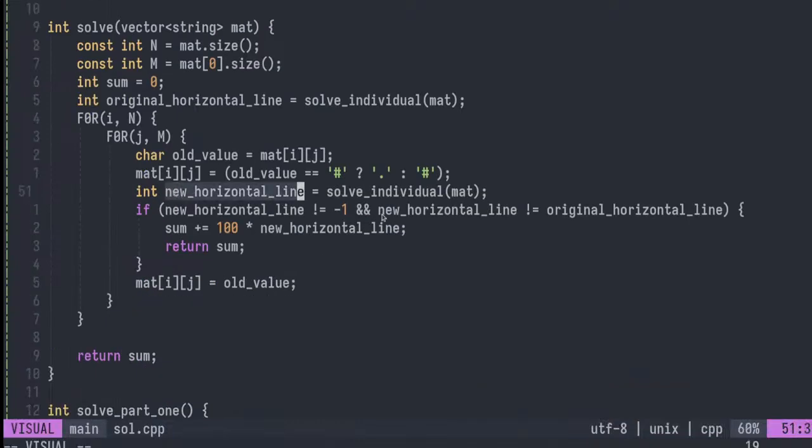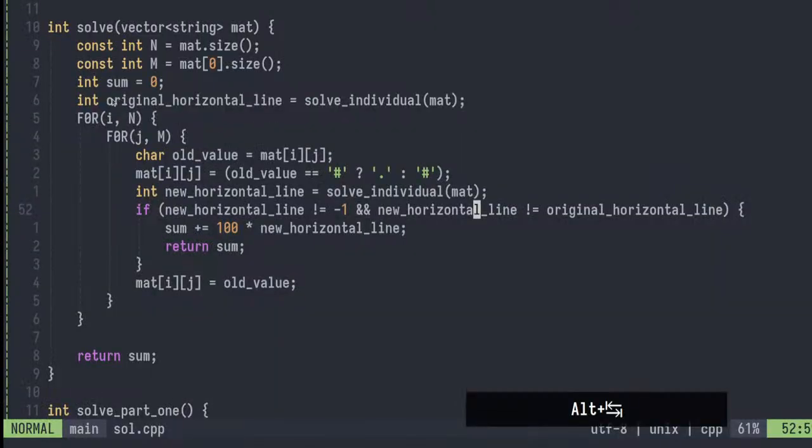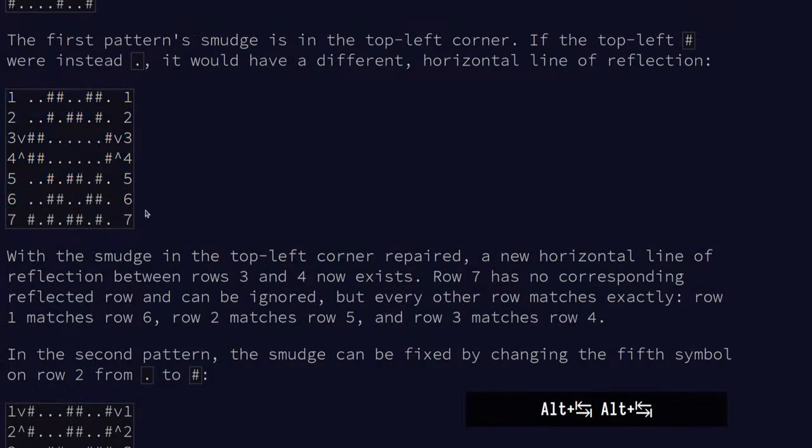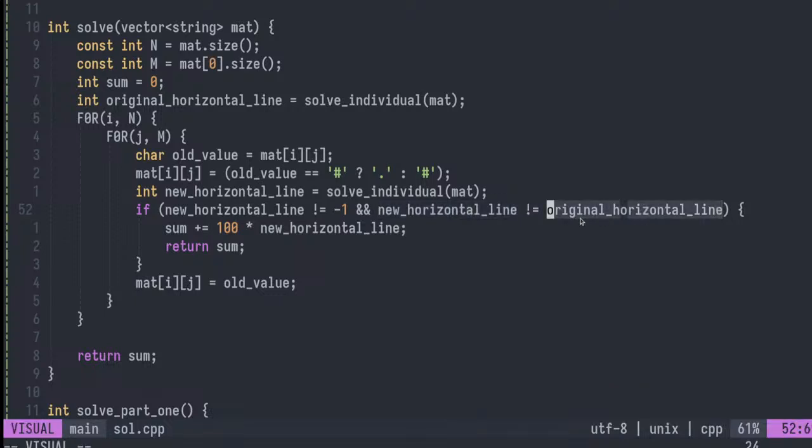New horizontal line is not same as the original horizontal line, because if there was already, then it would have been caught by this original, and if I change something here and it still resulted in the same horizontal line, that means we have this condition violated, which won't be there.